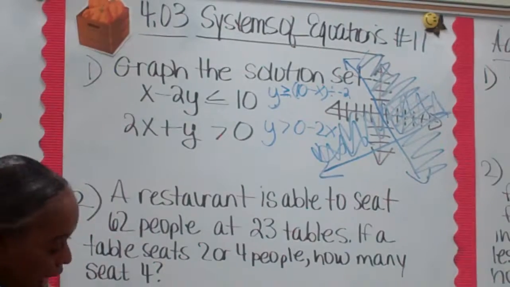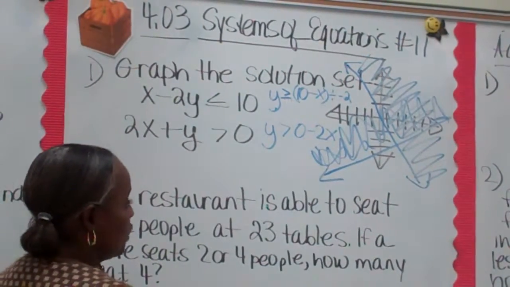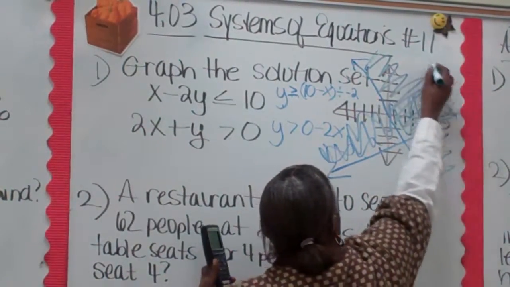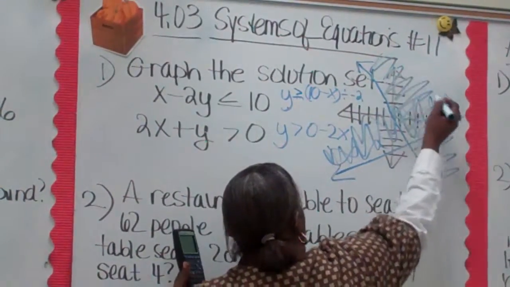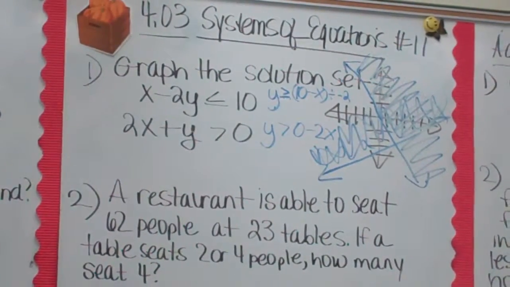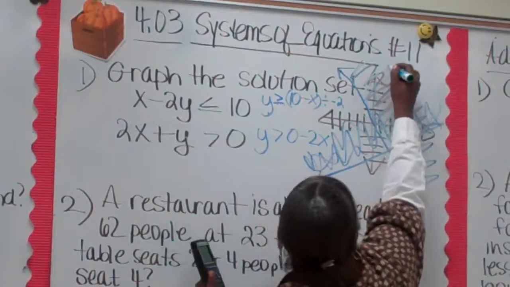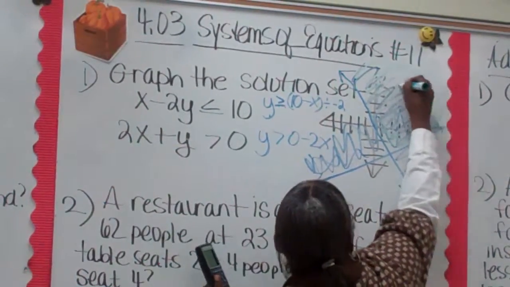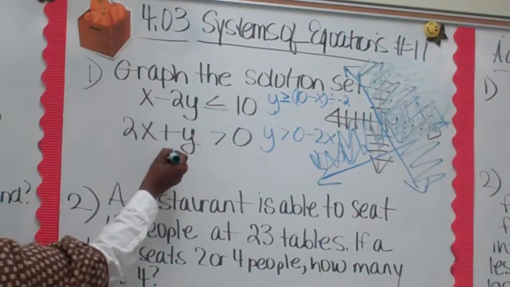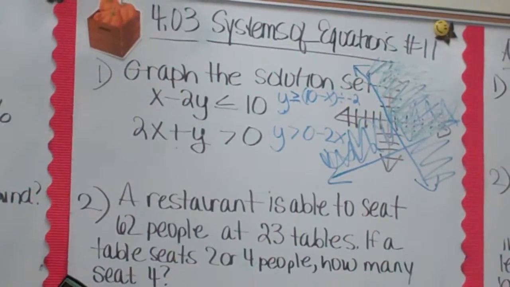Now the overlap, I hope you can clearly see that these two graphs are overlapping in this area. That means that region is your answer. So all I did was graph this one, and where they overlap is your answer.